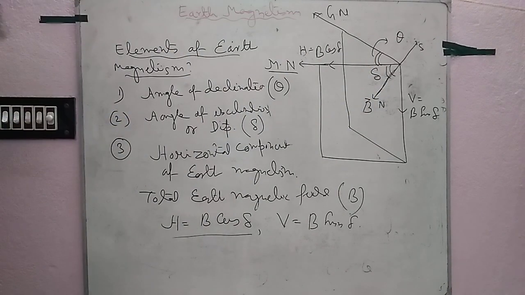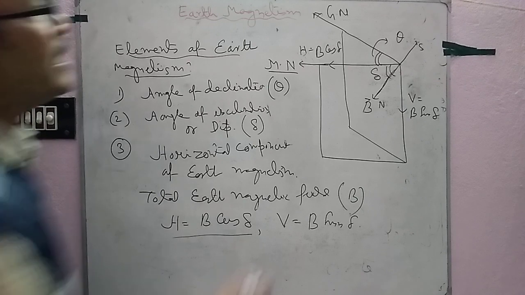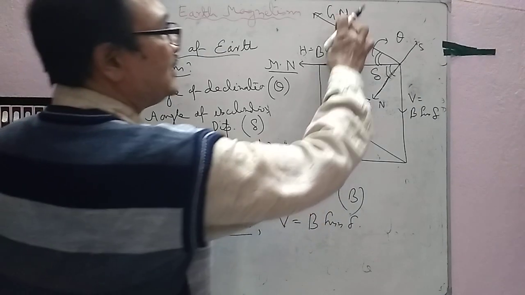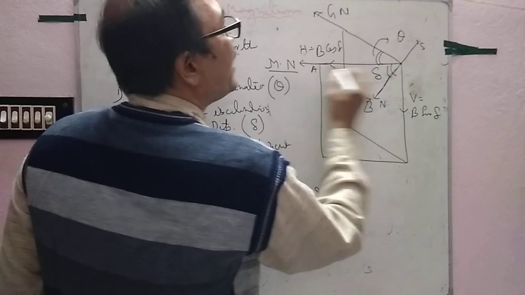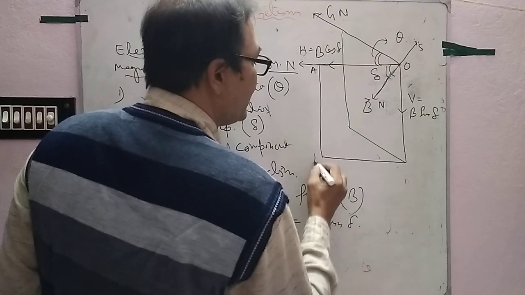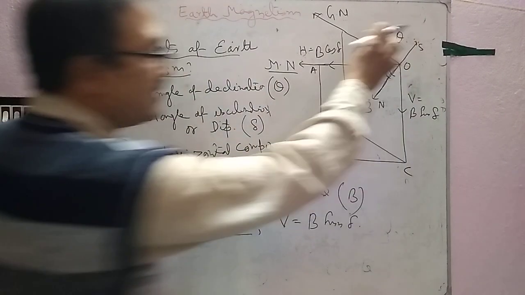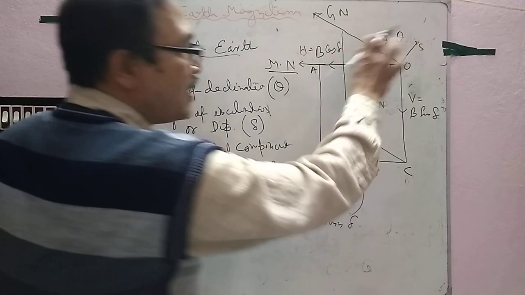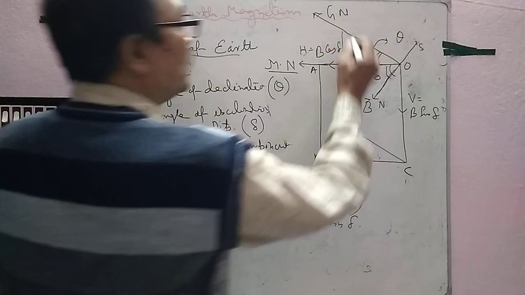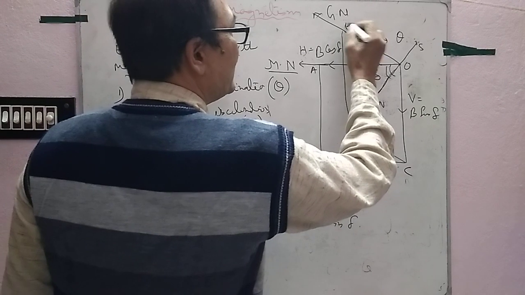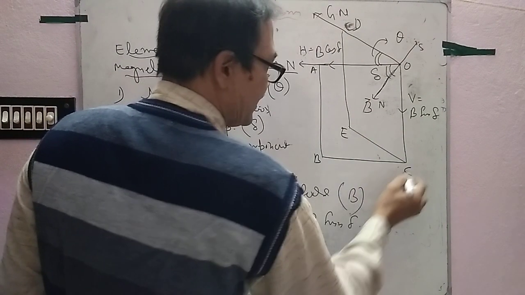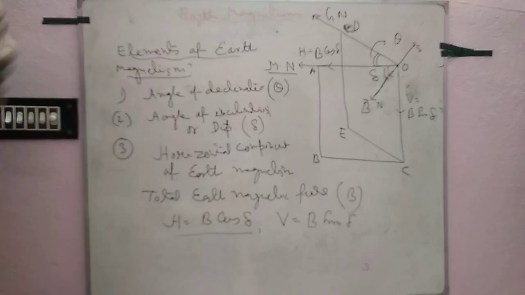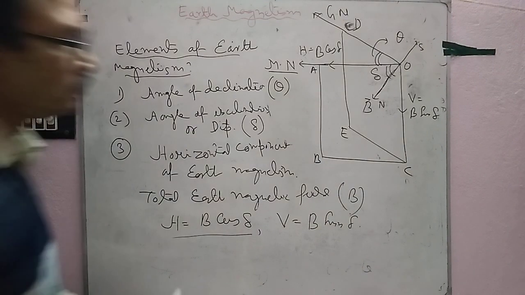Clear? Now, follow. This plane is the geographical meridian. Suppose OABC is the magnetic meridian, and ODEC is the geographic meridian.